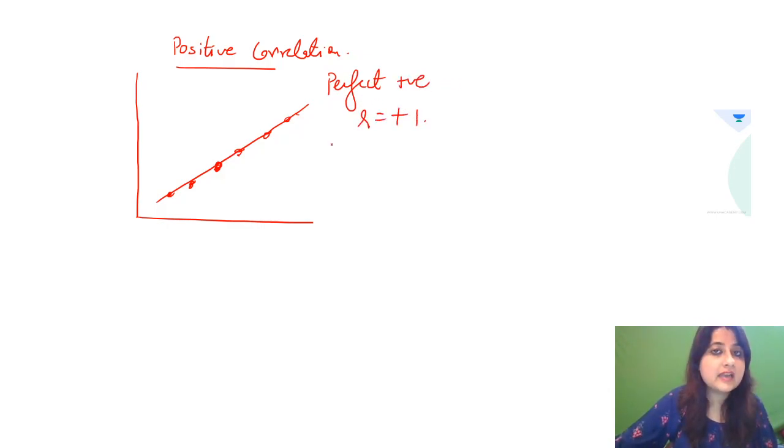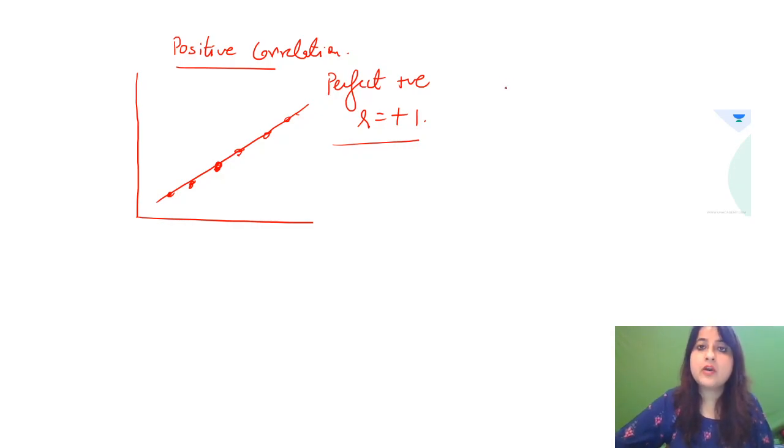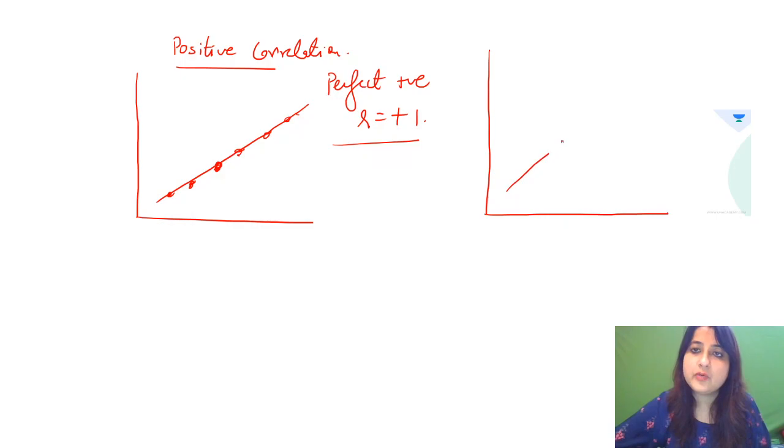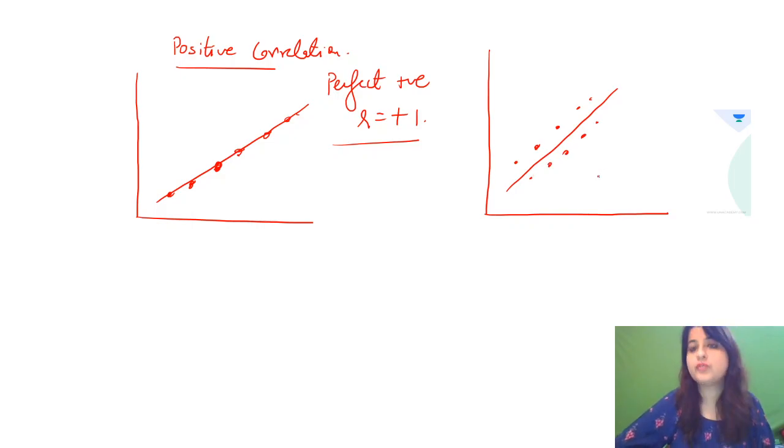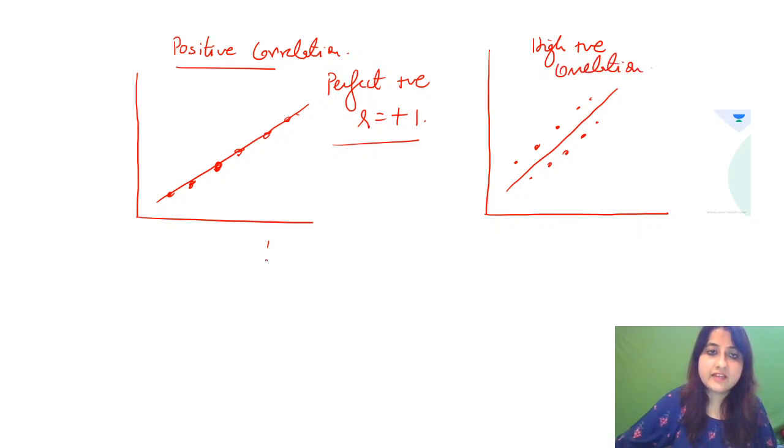What is the value of R here? +1. Now if I have another graph where the dots are closer to this slope and are uniformly distributed, here it could be a high positive correlation. And we have another graph.